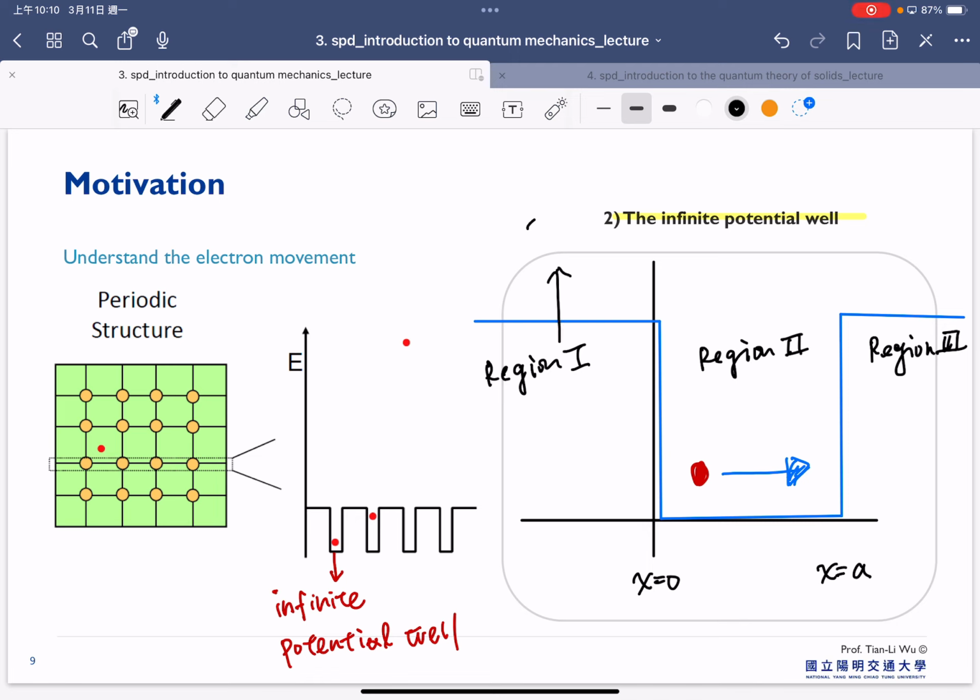This approaches infinity. This approaches infinity. So that's exactly the case illustrated here, the infinite potential well. In the second case, we want to understand how the electrons behave inside this potential well.